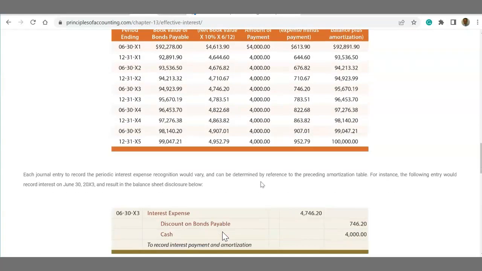So here you go, 4,746. And the payment is obviously easy. That's $4,000 cash. So the difference will be plugged in, and we call it discount amortization, discount on bonds payable to be amortized. So that's 746 right there.